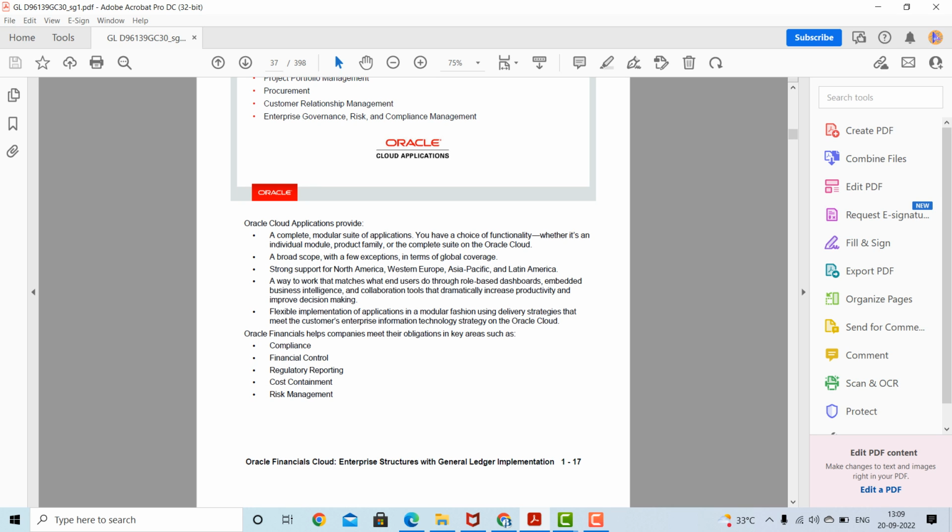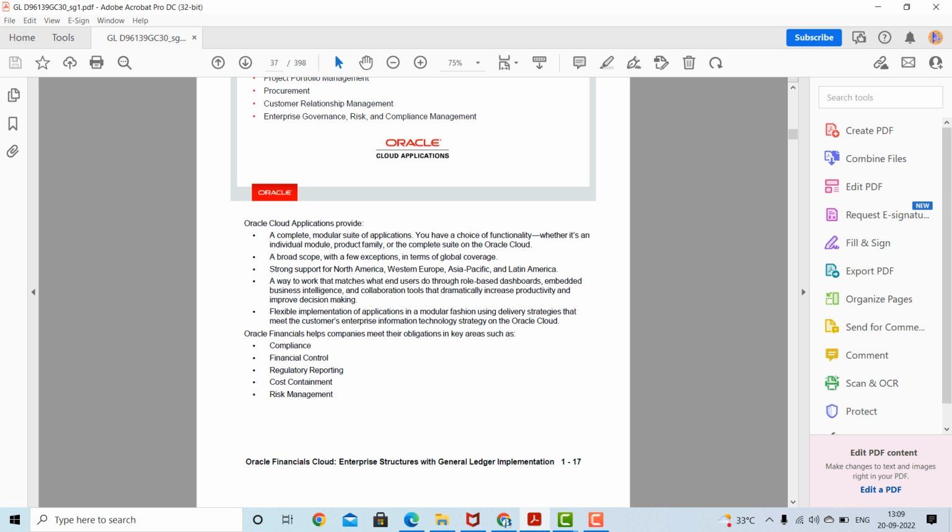A broad scope with few exceptions in terms of global coverage, in strong support of North America, Western Europe, Asia Pacific, and Latin America. These are the countries where Oracle Cloud applications are used.